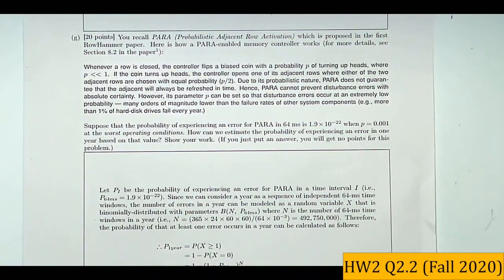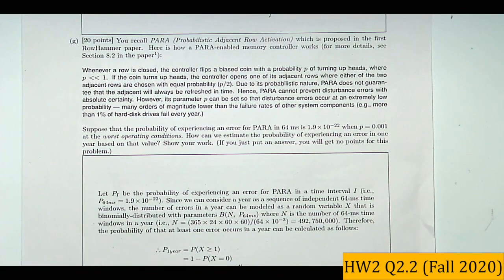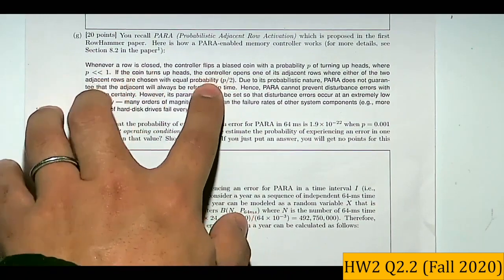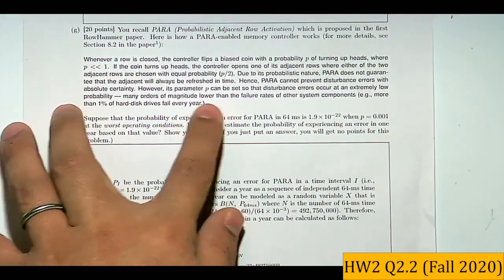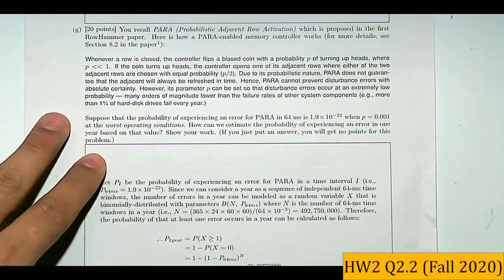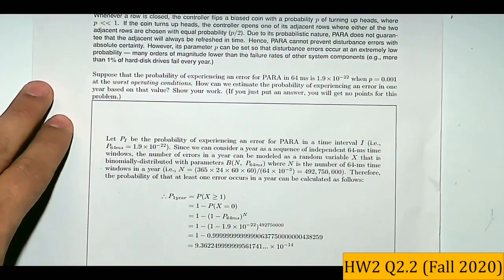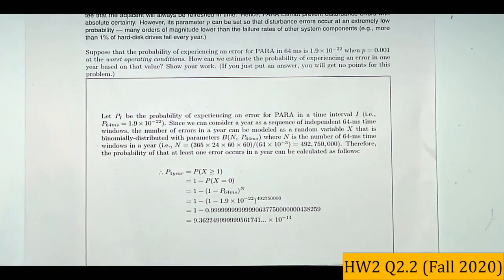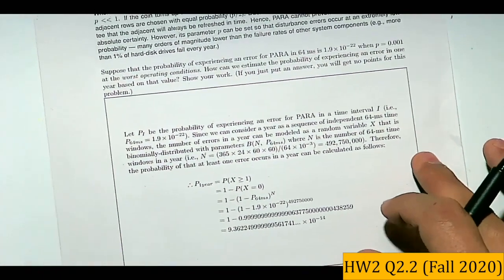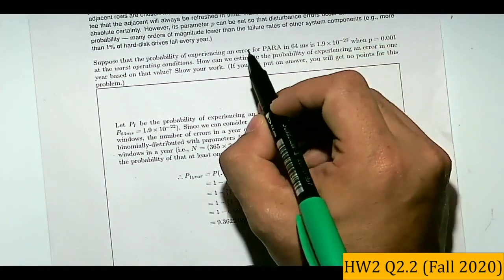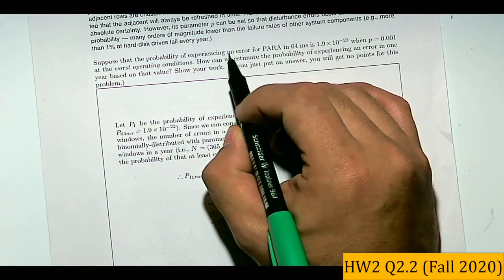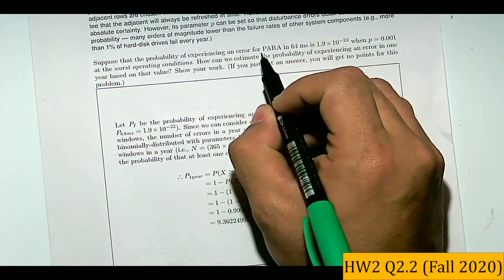And the final question: you recall PARA, which was proposed in the first RowHammer paper. And here is some description of how PARA works. I suppose you are already aware of it. So the key question is, we know the error rate of PARA.